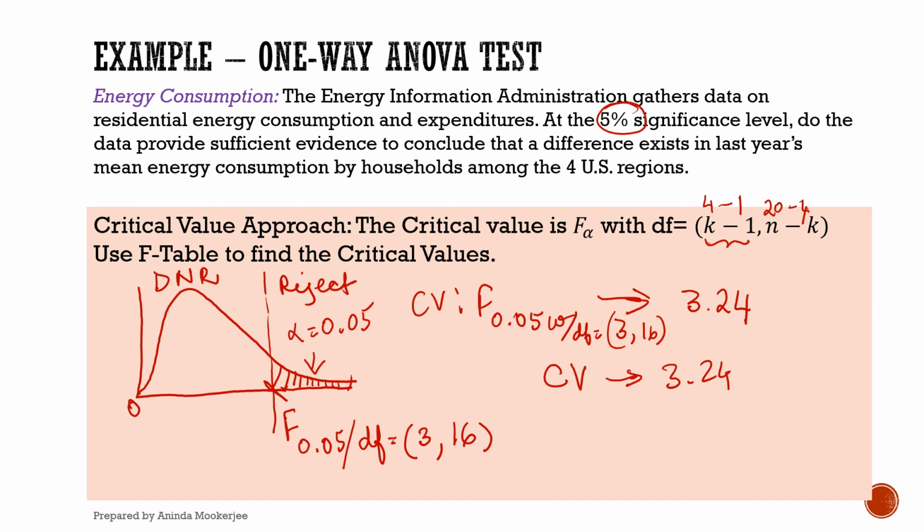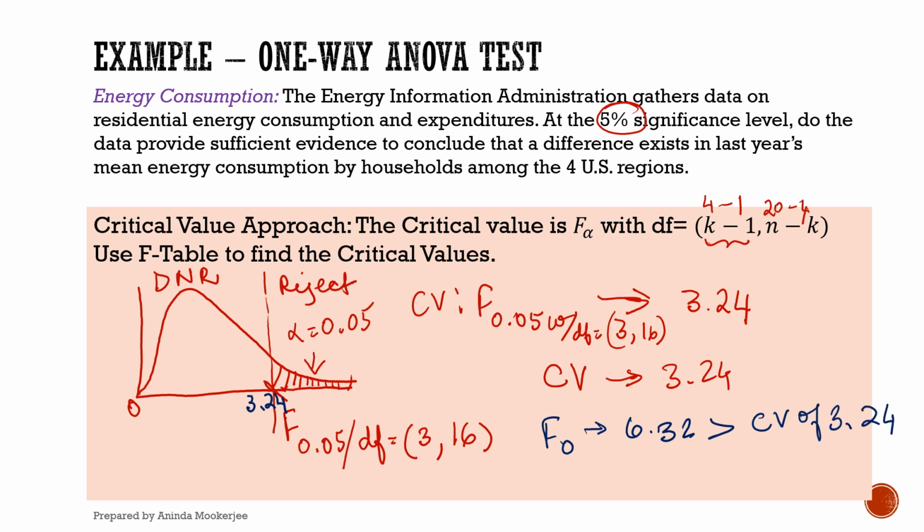So I'm going to write 3.24 here, but now we are going to bring in our test statistic value. F sub 0 was 6.32, and it falls way to the right because it's greater than the CV of 3.24.